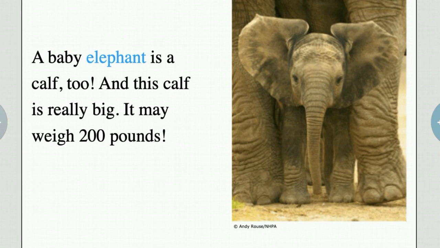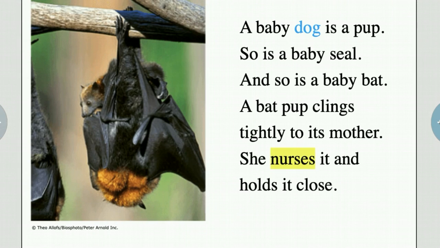A baby elephant is a calf too, and this calf is really big. It may weigh 200 pounds. A baby dog is a pup. So is a baby seal. And so is a baby bat. A bat pup clings tightly to its mother. She nurses it and holds it close.